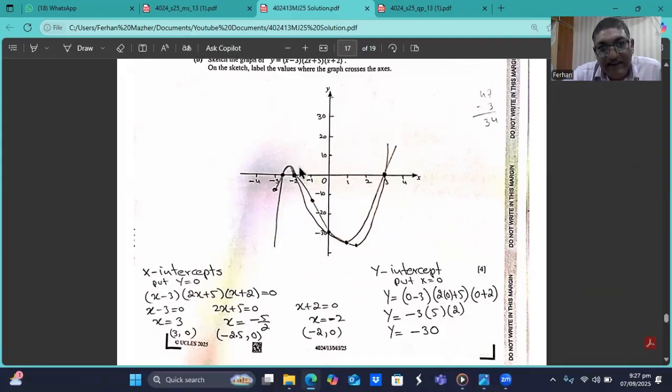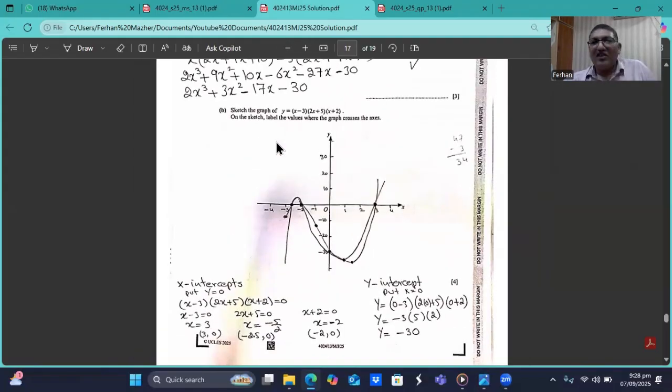This is x-intercept -2. This x-intercept is 3. So take some point between this point, 1 point here on the left side, 1 point here somewhere, 1 point here somewhere, and this is the y. So you understand what is the shape. From there, your shape will be accurate. Okay. So I hope you understand.